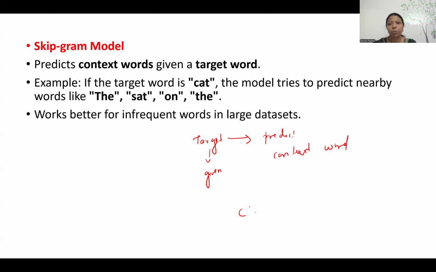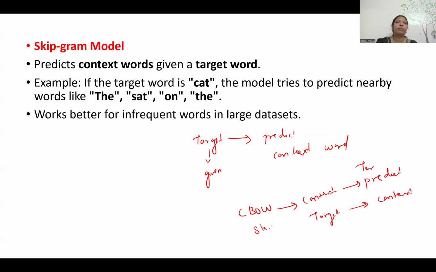In CBOW, that is continuous bag of words, the context words will be given, and we want to find the predicted word, the target word. But in the skip-gram model, the target word will be given. Based on that, we want to predict the context words. That is the difference.